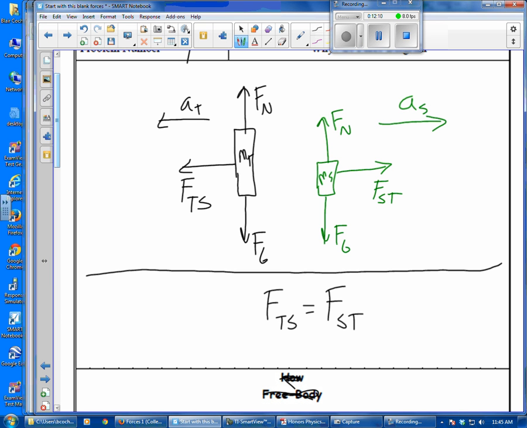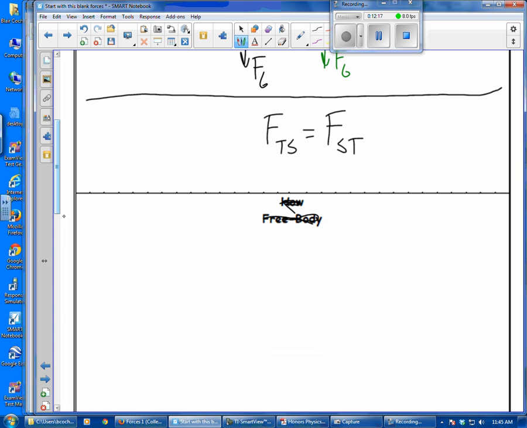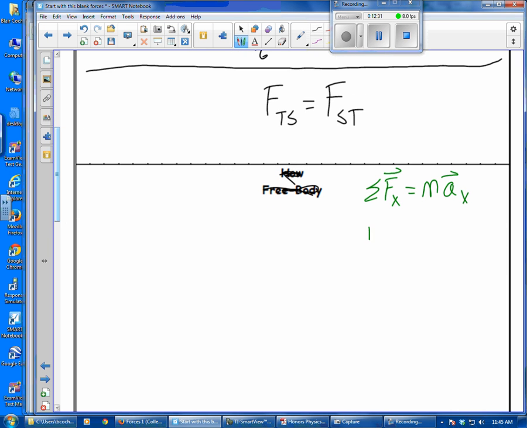I'm going to do them in parallel here. So for the sister, the sum of the forces in the x equals m ax. This is for the sister. There's only one force on the sister, FST.